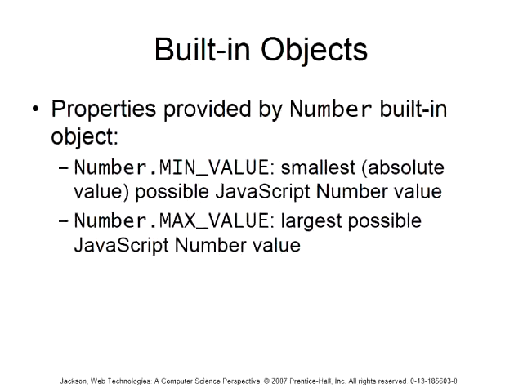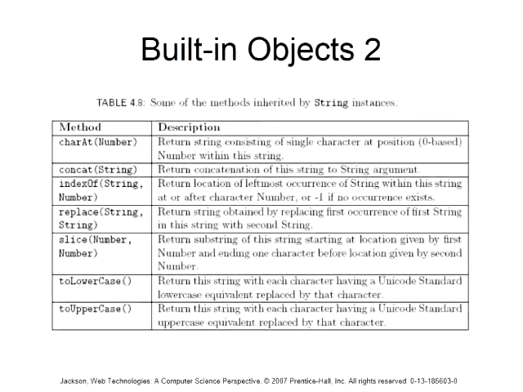Properties provided by the Number built-in object, for example, Number.MIN_VALUE to get the smallest value, Number.MAX_VALUE to get the max value. For the string object, the wrapped string object, we can use methods like charAt, concat, indexOf, replace, slice, toLowerCase, toUpperCase.